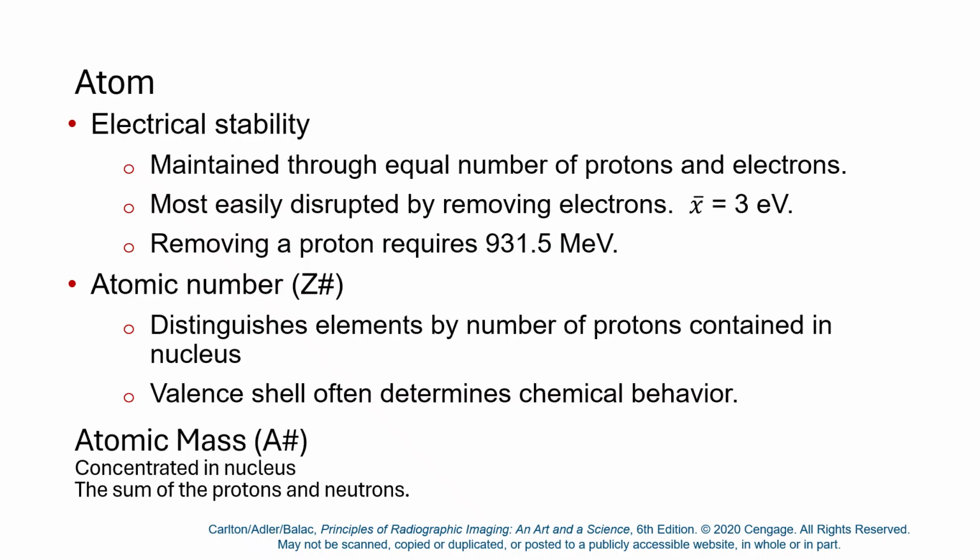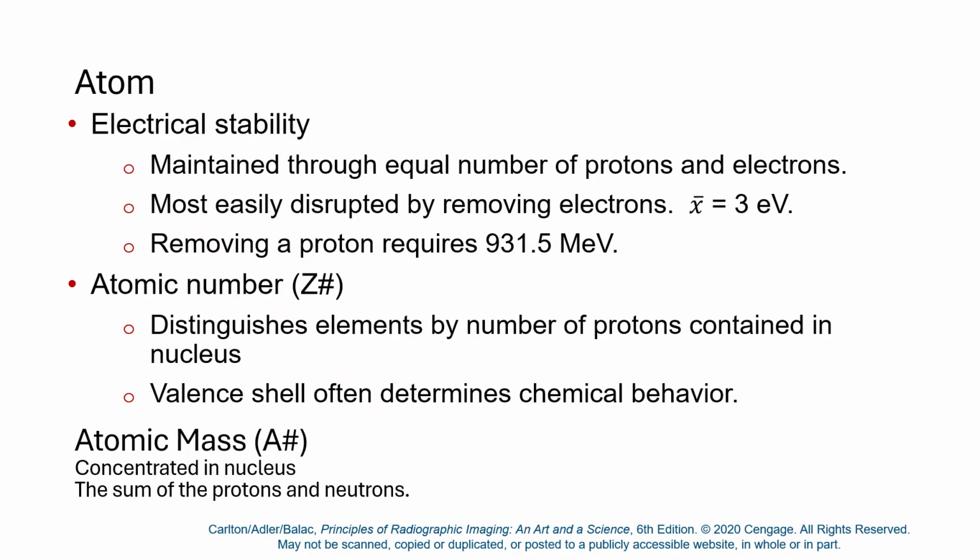So if you encounter an atom, most of the atoms you encounter are going to have a balance of charges. Okay? You have to put energy in to get rid of some of the electrons to make the atom into an ion. Okay? And that is the number one way to make an ion, is to start removing electrons.